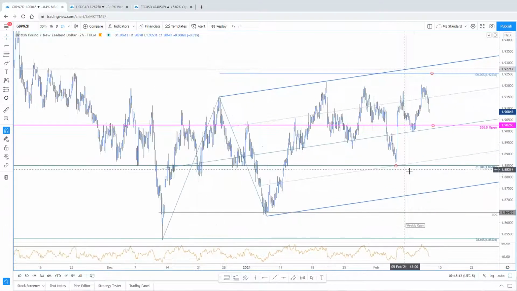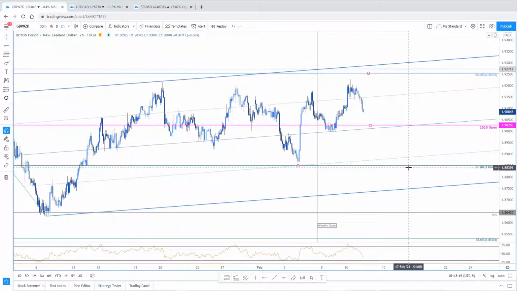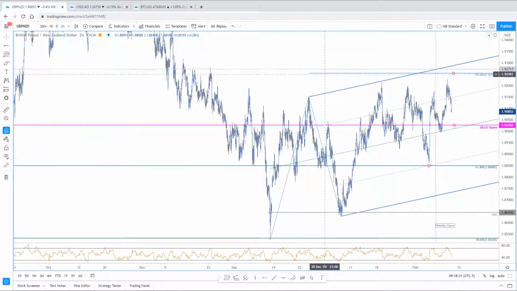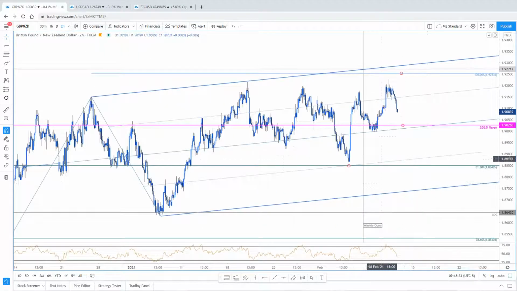Still looks pretty decent, but definitely looking a bit toppy and tired on the upside. Listen, for me, the trade would be the short against 92.70. I don't want to take a short from here. Obviously, you're way off already. 92.70s, 92.50s is going to be the bigger region for me. I'd be way more interested in trying to fight the trade.